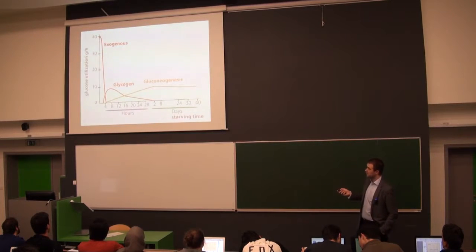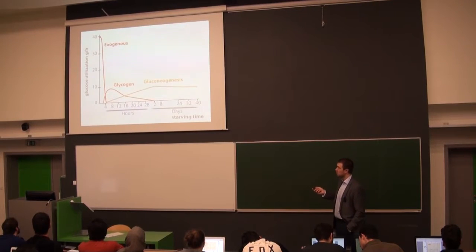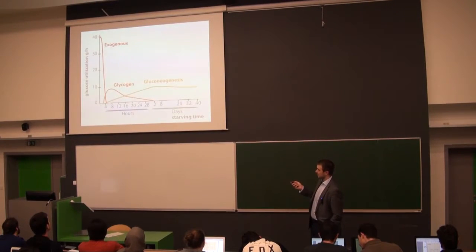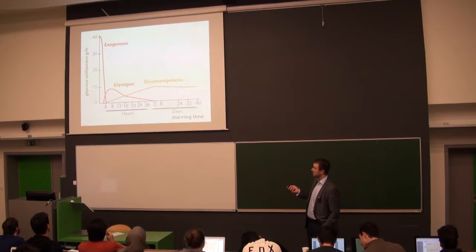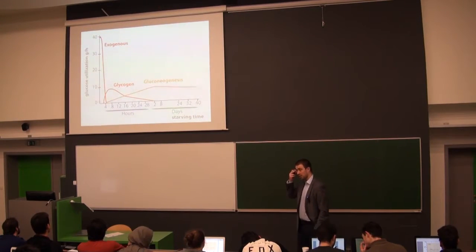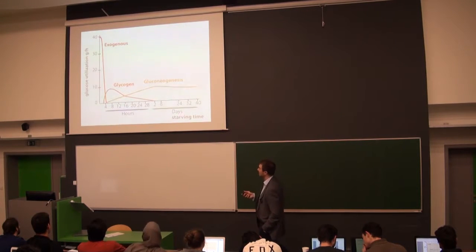So around first 4 hours after a standard meal, the main source of glucose is the diet. After that time, that means, for example, during the overnight fast, you see that you must have the glycogenolysis that's giving you the glucose molecules to your metabolism.